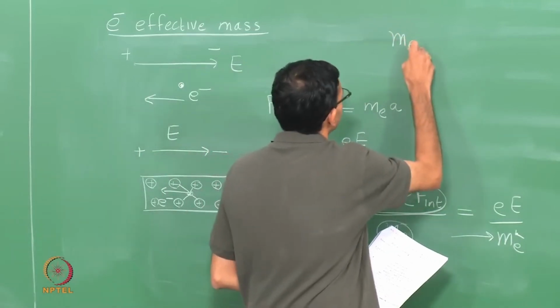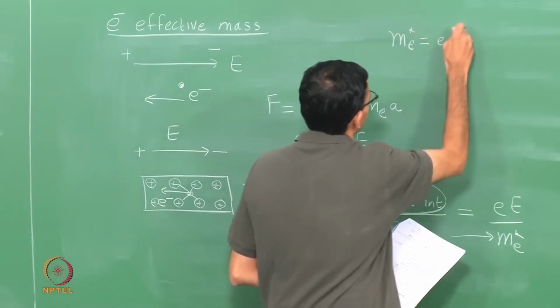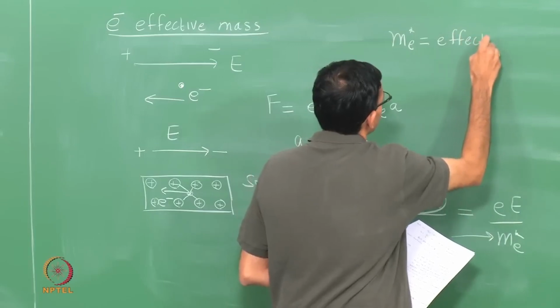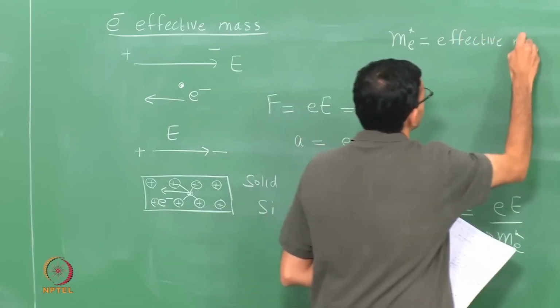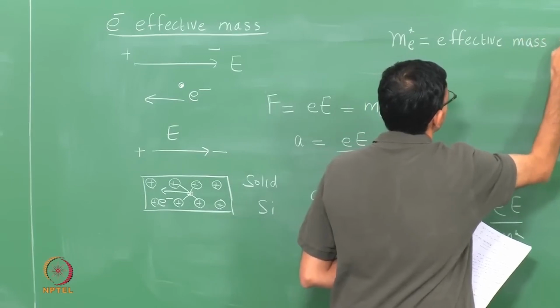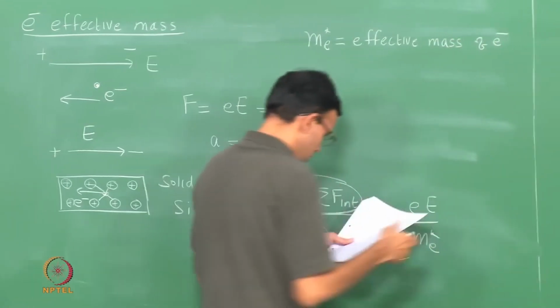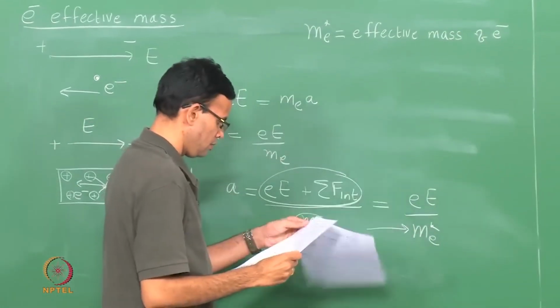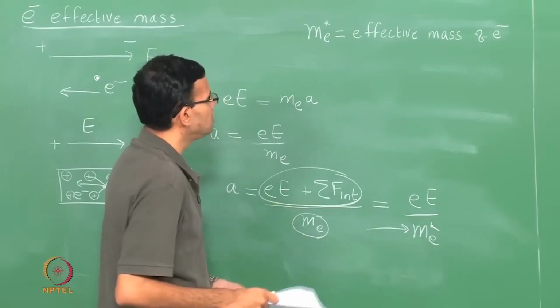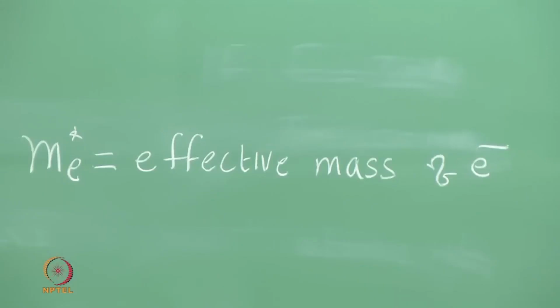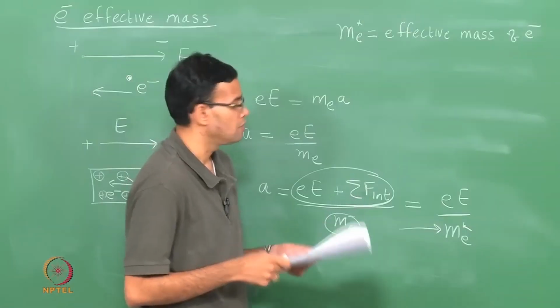ME star is called the effective mass of the electron. So, this represents the effect of all the atoms in the solid on the movement of the electron.